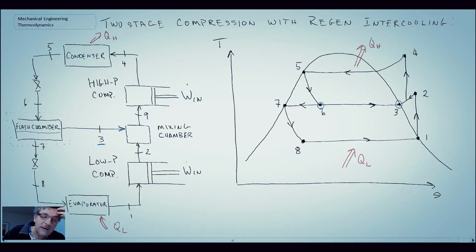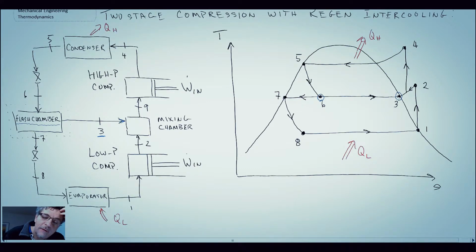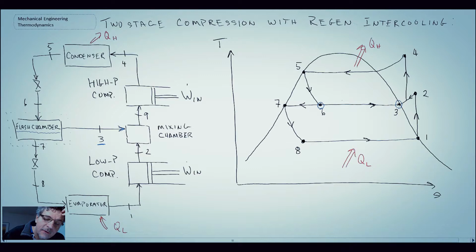The percentage of vapor that is going to 3 is equal to the quality of the refrigerant after the throttling process from 5 to 6. So we can say the percentage going to 3 is x6. The remaining liquid is stripped off and goes to state 7, down to 8, and then over to 1.